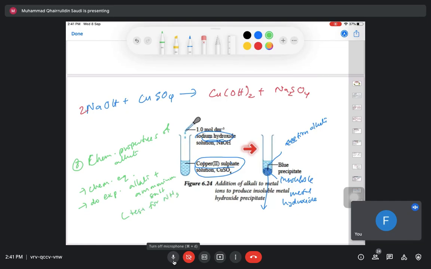And then you should be able to do the experiment for alkali plus metal ions as well. You should be able to write down the procedure for the experiment alkali plus ammonium salt and the test for ammonia gas, and the procedure for alkali plus metal as well.